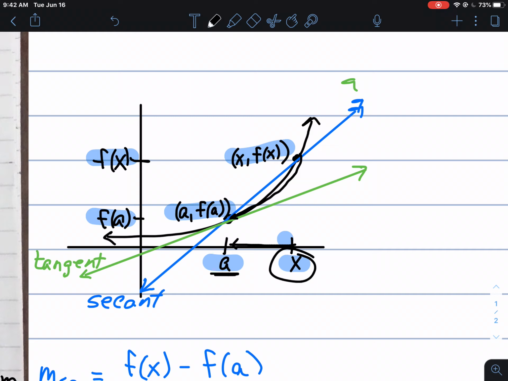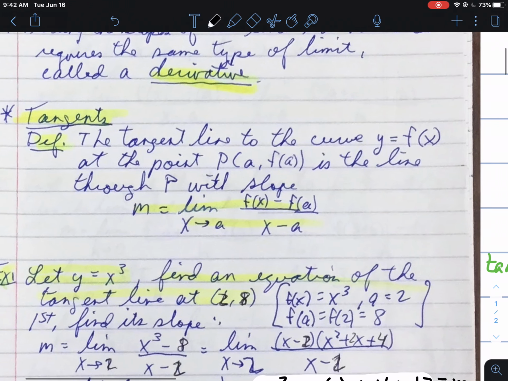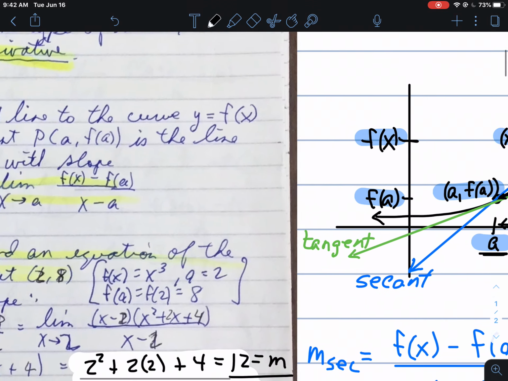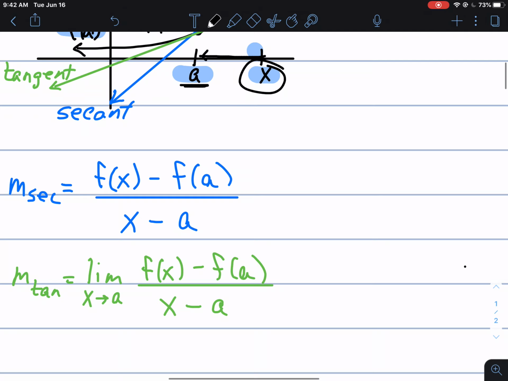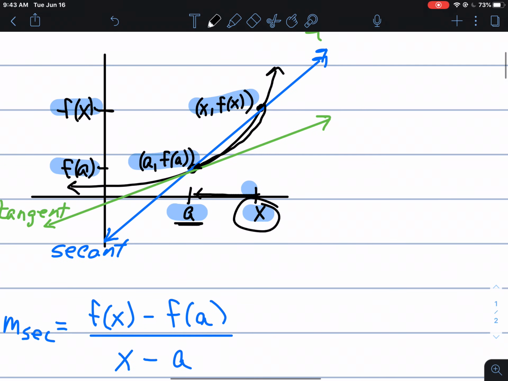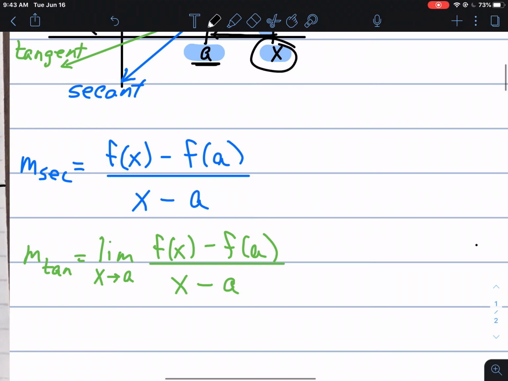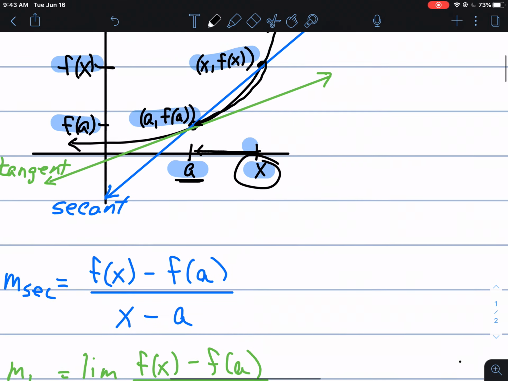So when you talk about the slope of the secant line, remember that's the line with 2 points, a, f of a and x, f of x. So the slope of the secant line is simply change in y over change in x along that secant line. So f of x minus f of a over x minus a. And then for the slope of the tan line, that's where that limiting value came in.